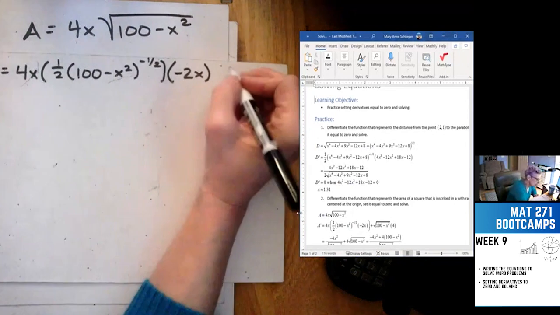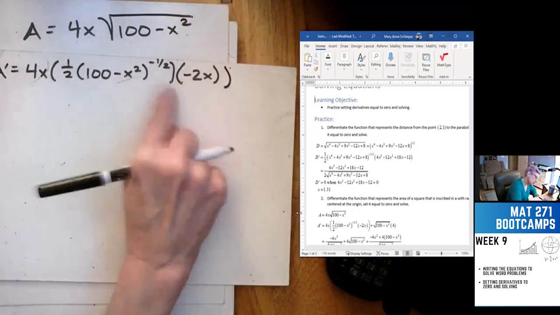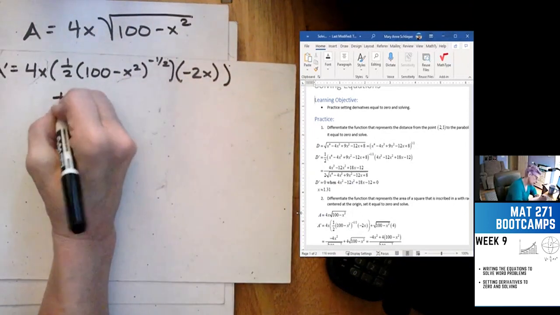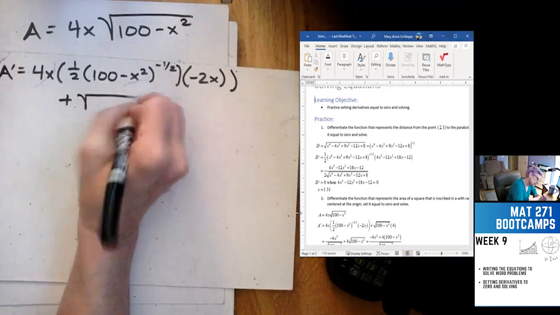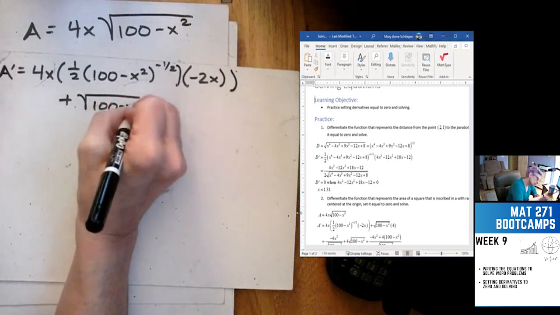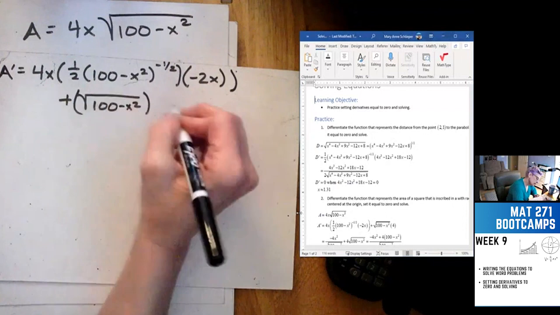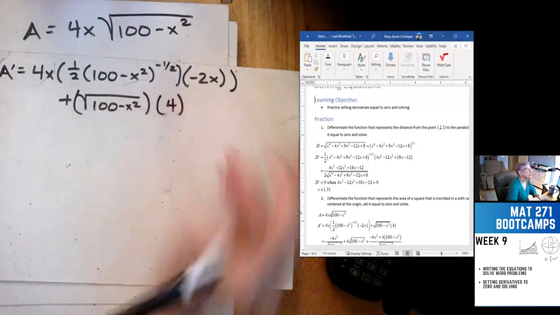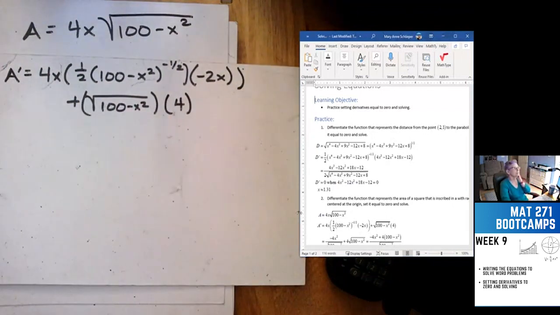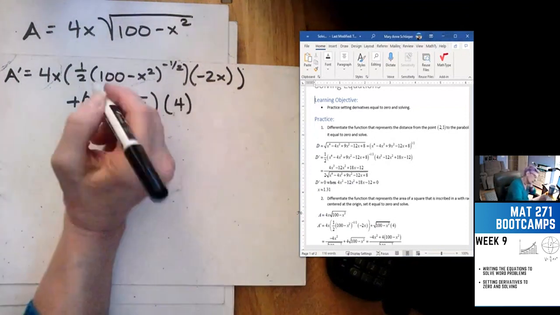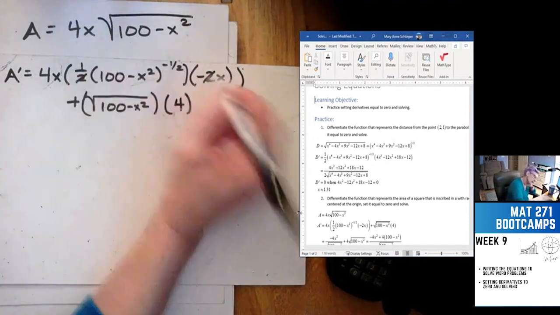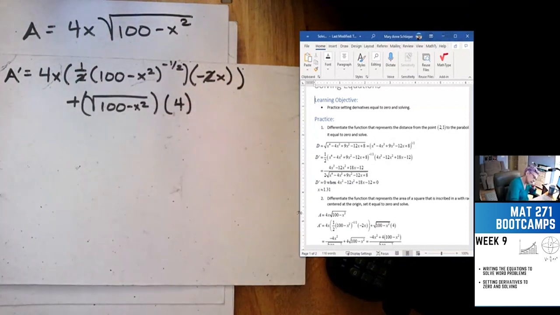Yeah, I still didn't have enough room to write it all in one line. So first times the derivative of second plus second times the derivative of first. Well, that cancels with that, makes life look a little bit better.